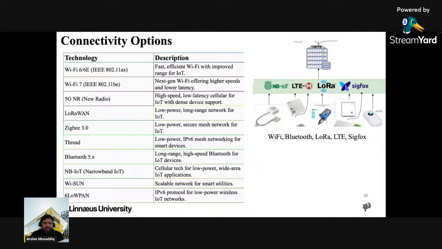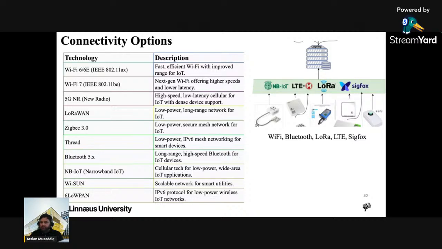As we discussed before, connectivity is one of the most critical components of an IoT system. It enables devices to communicate with each other and with the cloud. So depending on the use case, there are several connectivity options to choose from, each with its own strengths and limitations.